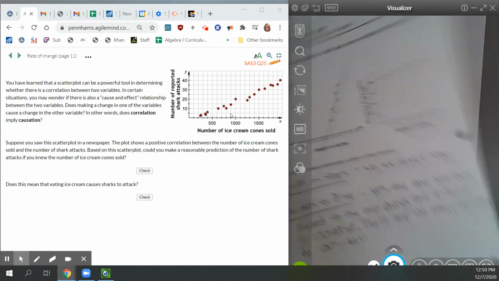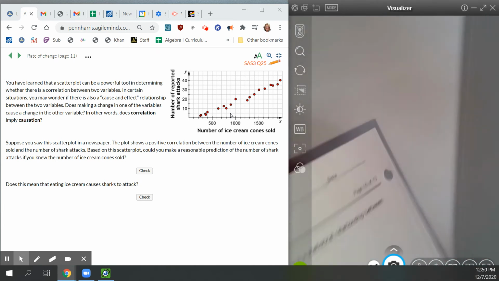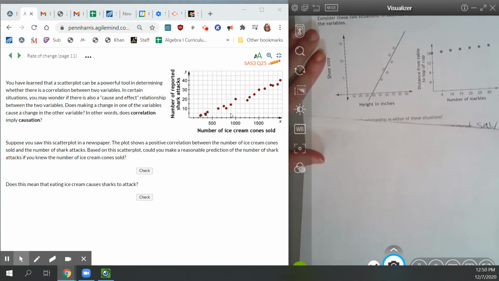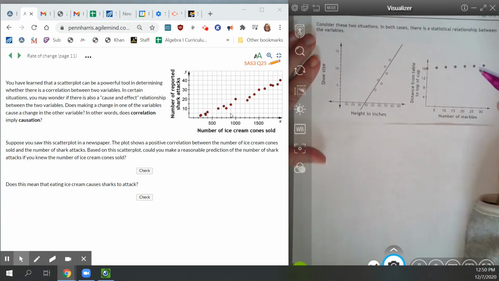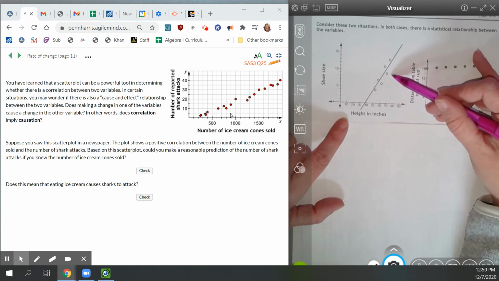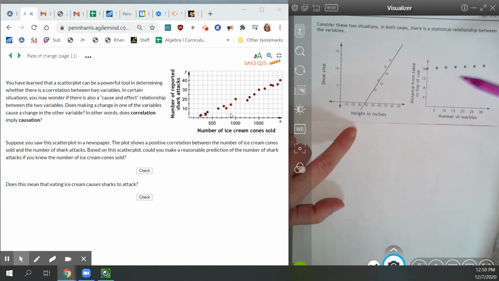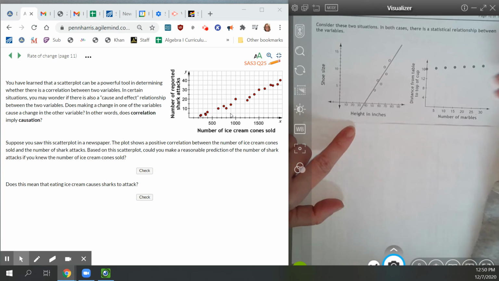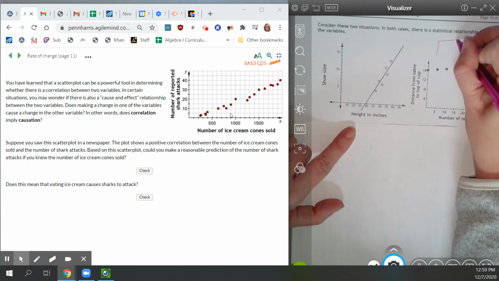Okay. And then lastly, let's compare a couple other things here. We have two things. The first is, let's go back to that original problem of our height compared to our shoe size. And then we're also going to talk about the number of marbles in a cup. I may have to draw a picture. We've got like a table here.